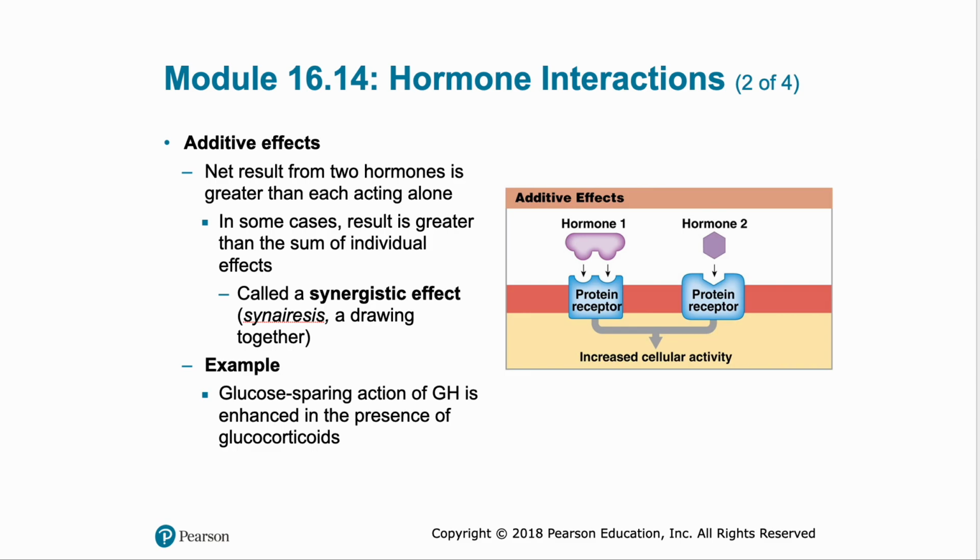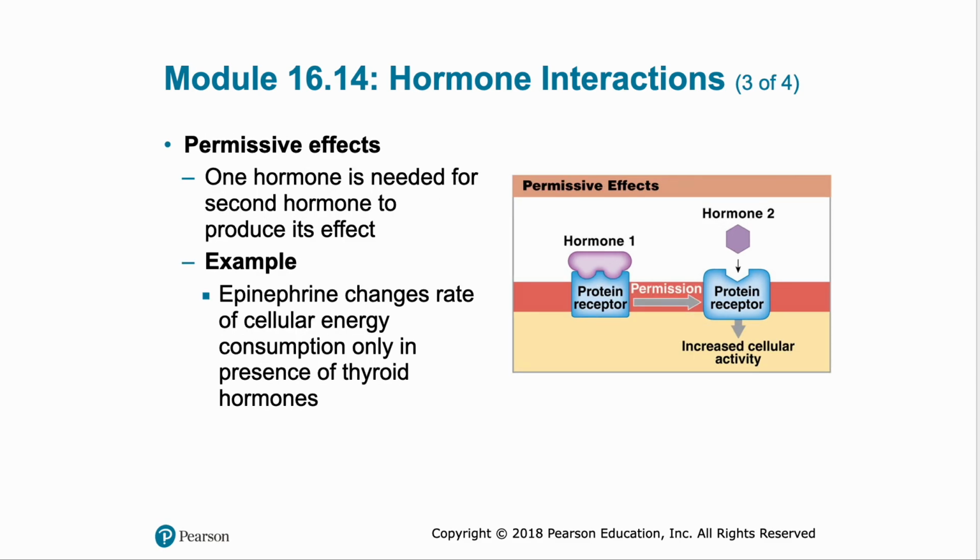Those additive effects, another word for that is synergistic. So again, they are going to result in a greater impact than either would alone. And the example they give is the effect of growth hormone when it's binding in the presence of glucocorticoids, which remember are anti-inflammatories.